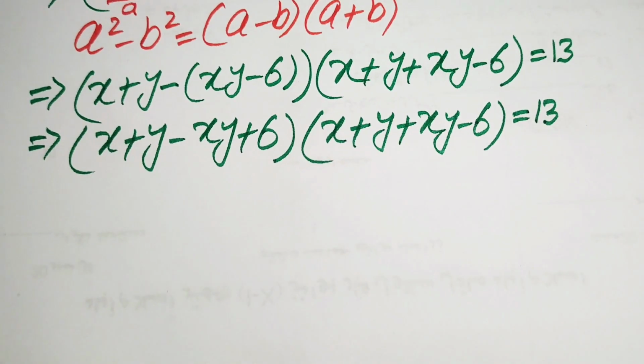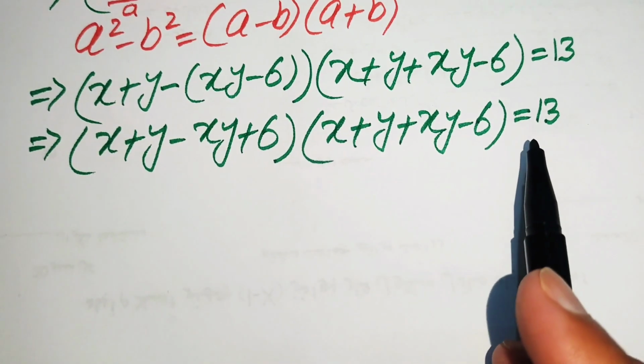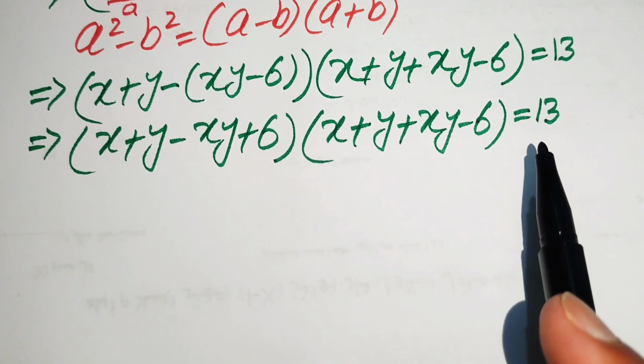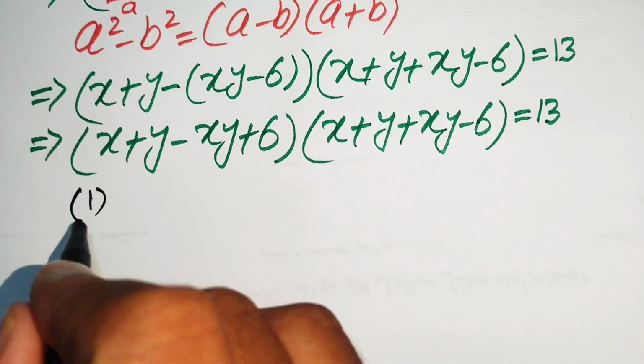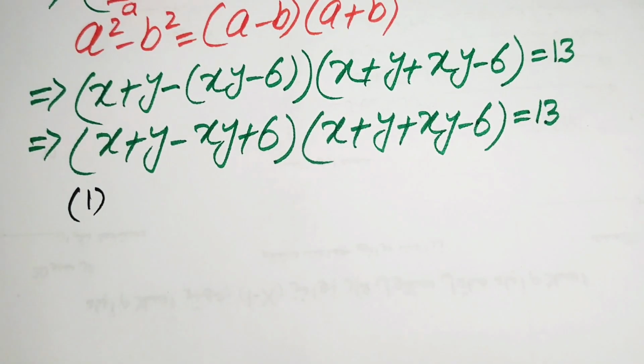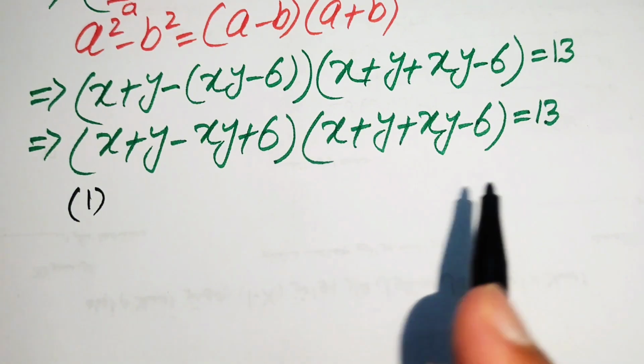Here you focus on the left-hand side. You have two factors multiplied by each other, but in the right-hand side we have only one factor, which is 13. So now we first find any two numbers whose product is 13. Here we have some possibilities in which the product of two numbers is 13.